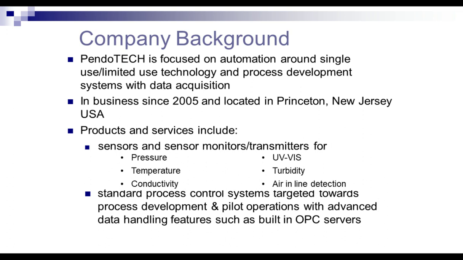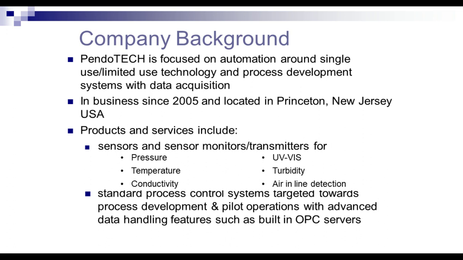So to start off, quick company background. PendoTECH has been in business since 2005. We're located in Princeton, New Jersey. Our main offerings include single-use sensors and sensors for limited use. Pressure, temperature, conductivity are some of the big ones. UV vis and turbidity also.